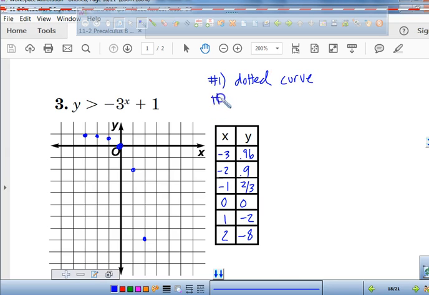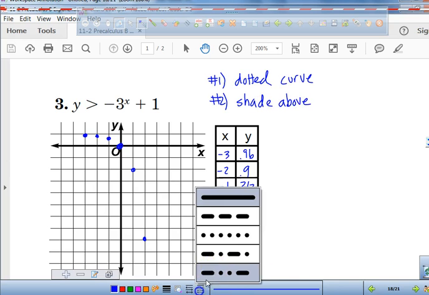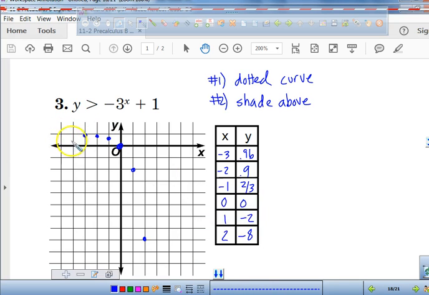All right? And number 2, if that says greater than, that means you're going to shade above that dotted curve. Shade above. So the first thing I'm going to do is I'm going to make a nice dotted curve. Now understand, it is not going to get past this positive 1 right here.